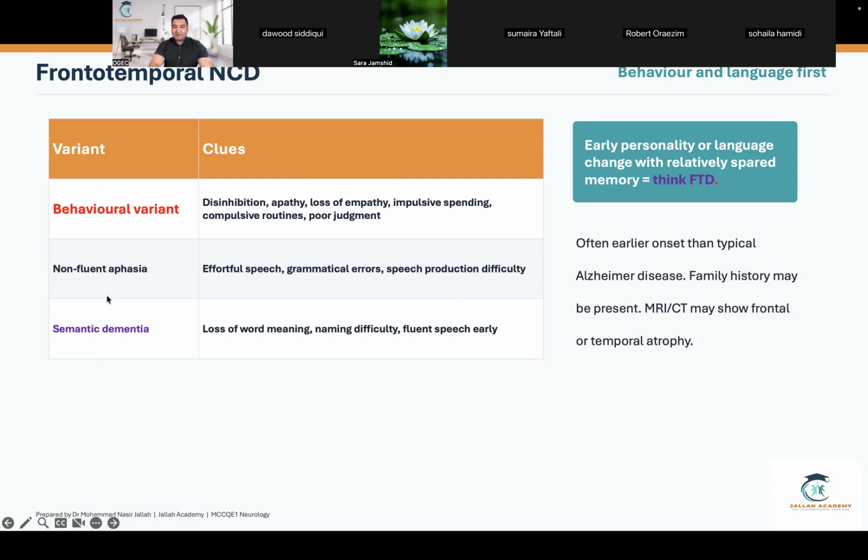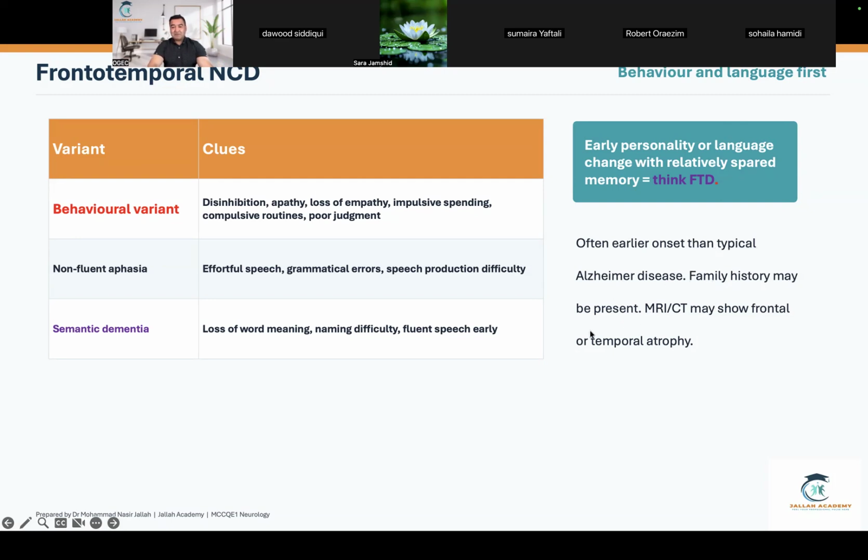The patient develops all this before developing dementia. Early personality or language change with relatively spared memory. Memory is still intact, but the patient starts to develop personality, language, and behavior change. Then memory problems appear, often at an earlier onset than typical Alzheimer's.